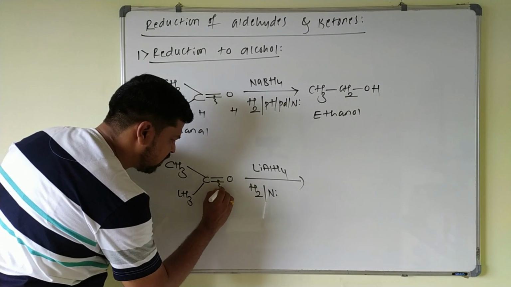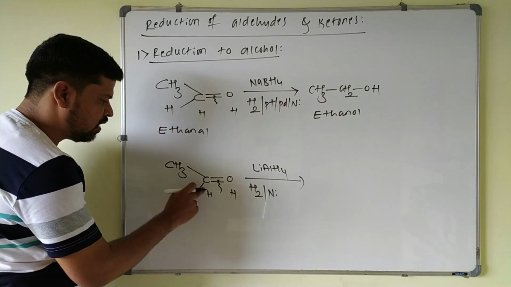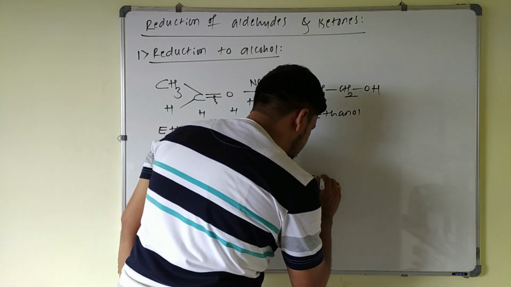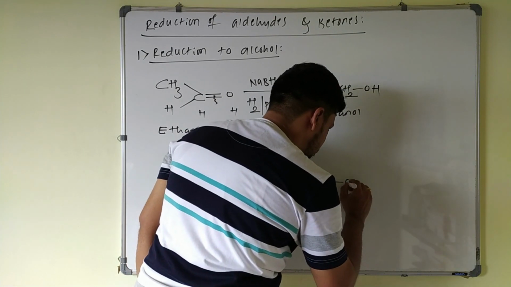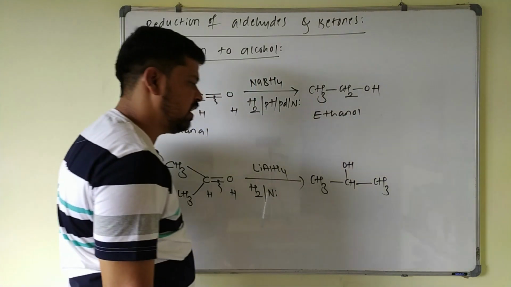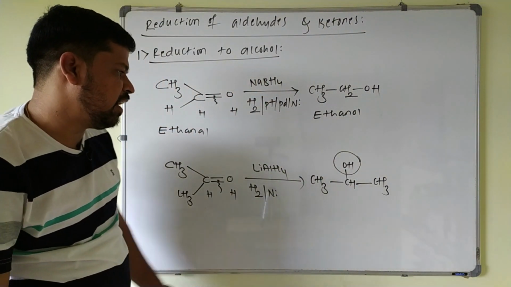Just you have to break this pi bond, add hydrogen here. So what you will get here? CH3 CH, this will be OH and this is CH3. This OH is attached to what? A secondary carbon atom, so it is a secondary alcohol.